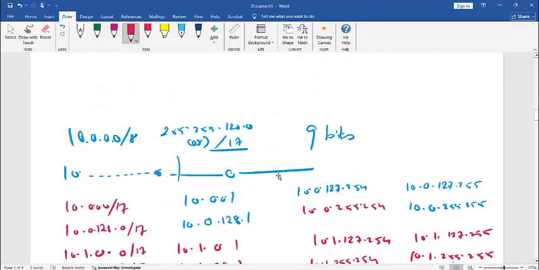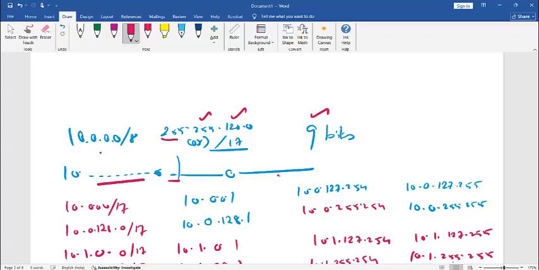Here it is. Because it is 9 bit, 8 bit, which is this, and the 9th bit. This is the new subnet mask. You agree or not? Yes, sir.